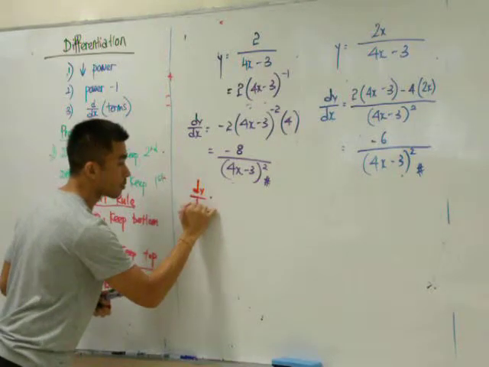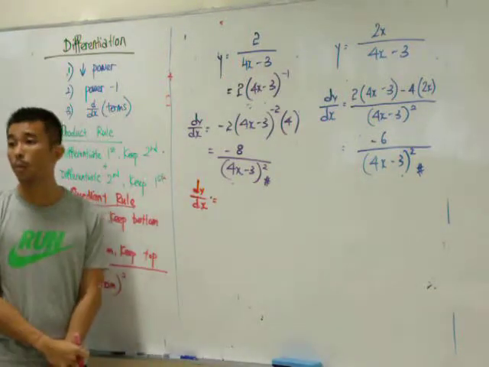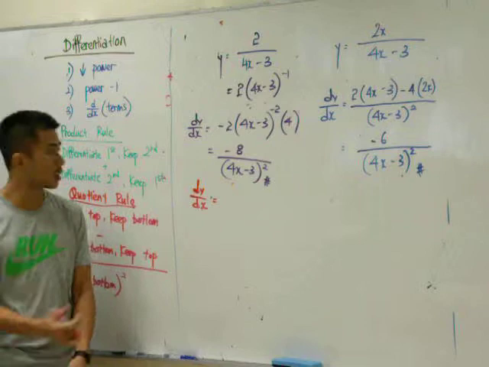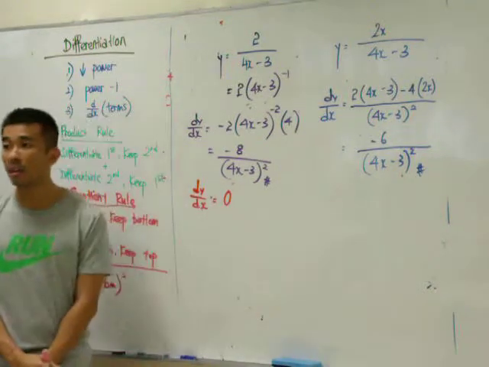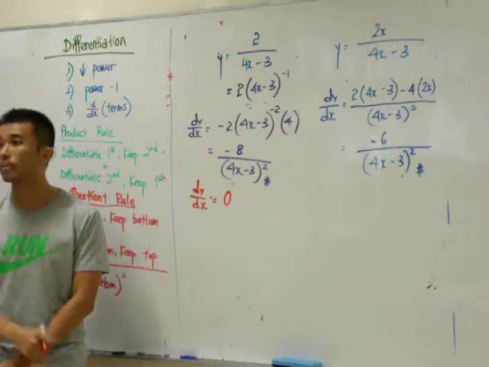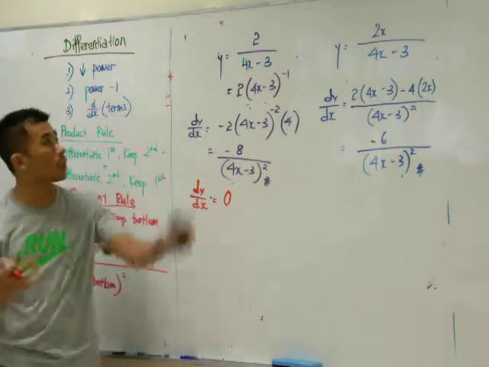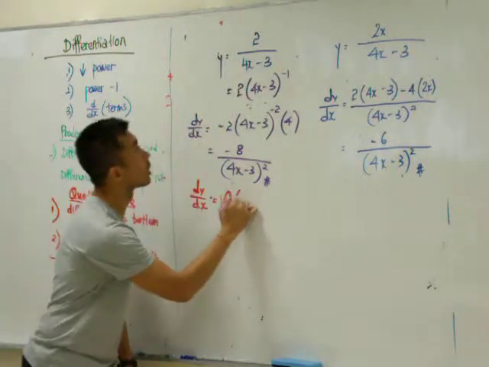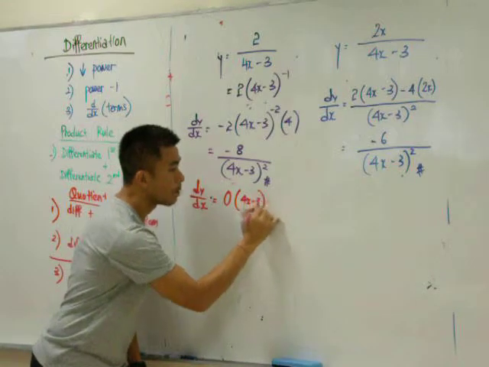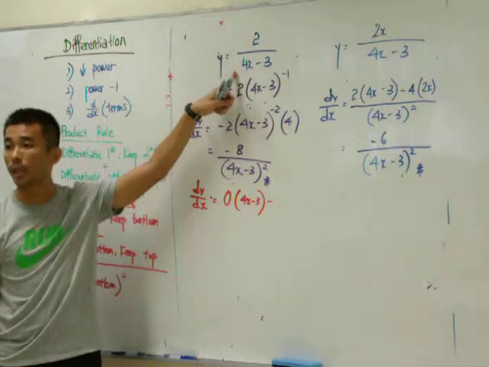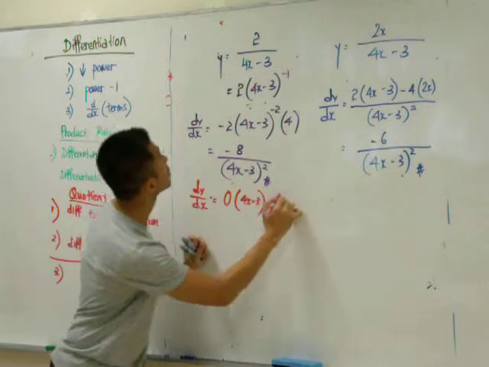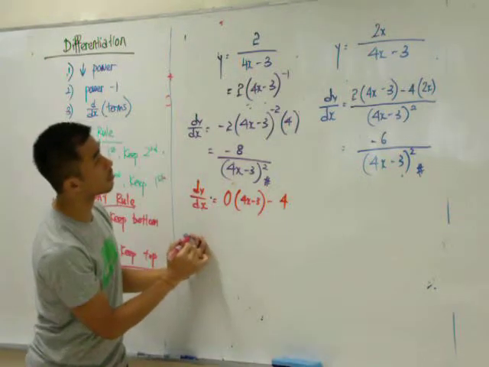Let me show you. Differentiate the top, what do you get? 0. But I can tell you a lot of you differentiate the top, you write 0 1. Okay, that is a common mistake. 0 times the bottom, no need already, right? No need to keep the bottom. Minus, differentiate the bottom, what do we get? 4. Keep the top.